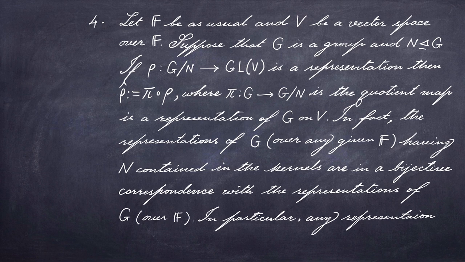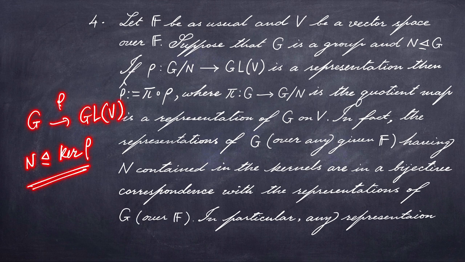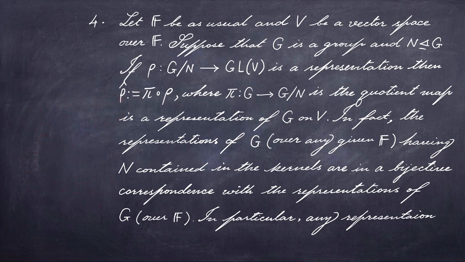That's just simply composition. And in fact, from what we have seen earlier, for any representation rho of G, if N is contained in the kernel of rho, then certainly this factors through G modulo N. So for any representation rho whose kernel contains N, rho has to be of the above form.